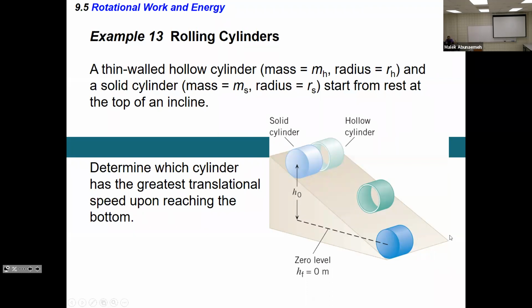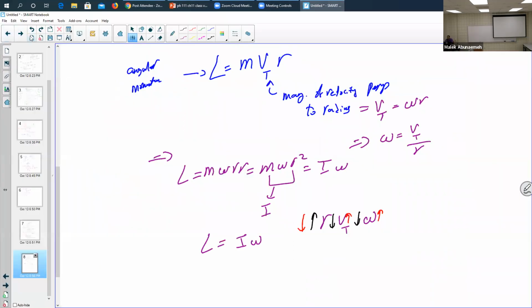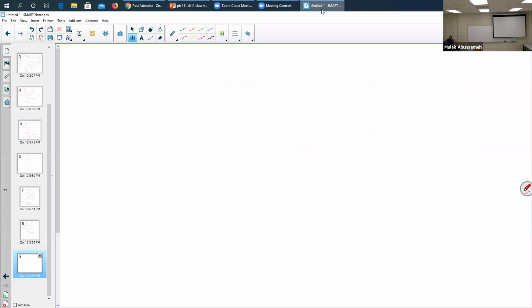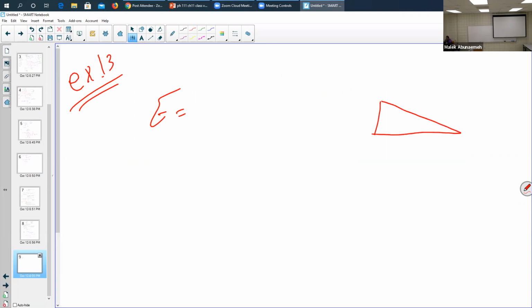Now, the energy, and this was example 13. Now your energy, so it's going down. You got basically an incline.